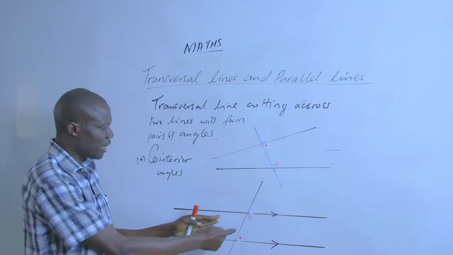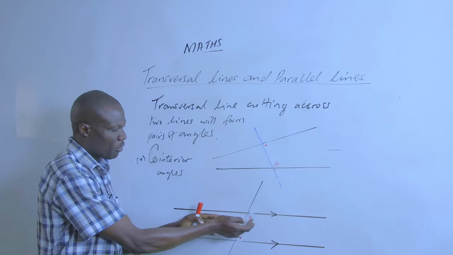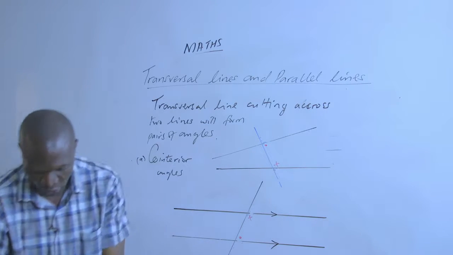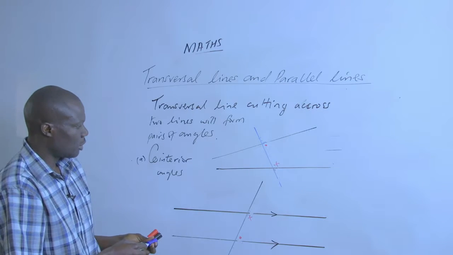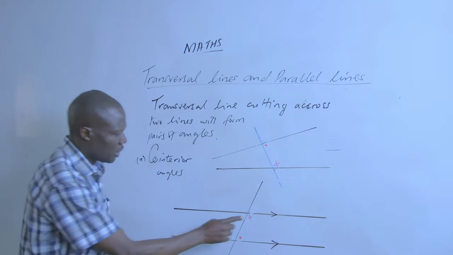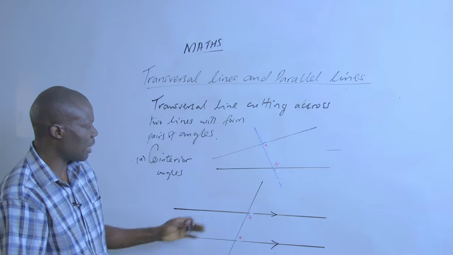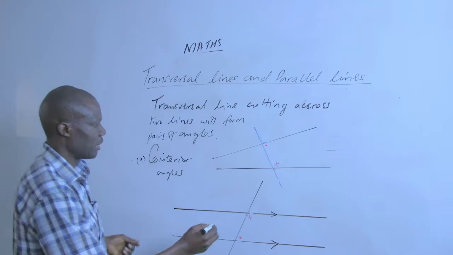However, we can identify the relationship of co-interior angles on parallel lines as follows. We say that co-interior angles in this particular case here are supplementary.